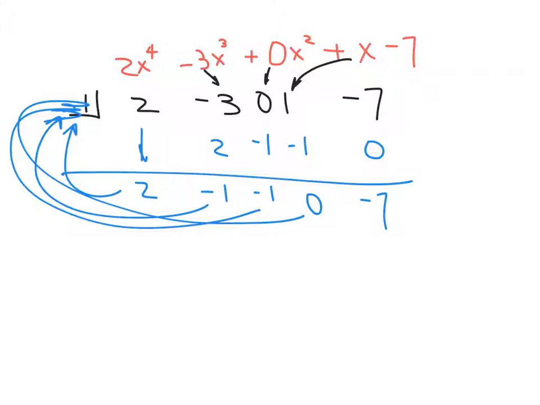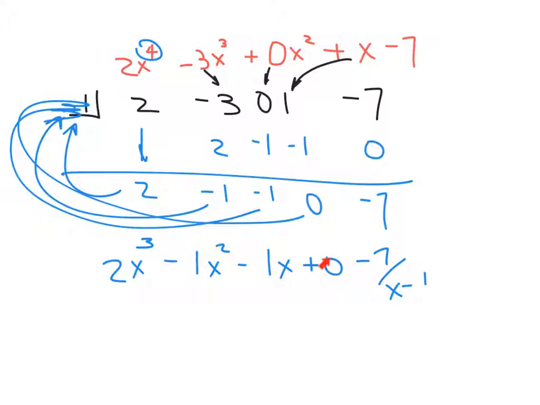So we end up with 2x cubed, since that's 4, minus 1x squared minus 1x plus 0, minus 7 over x minus 1.